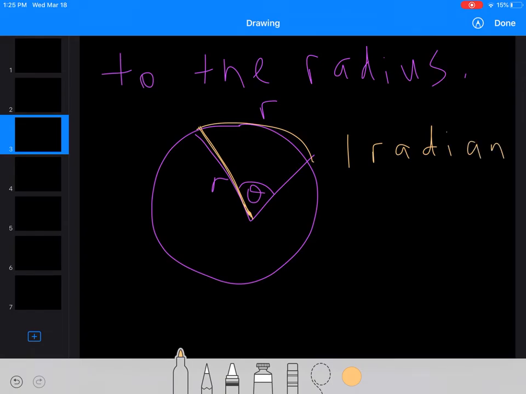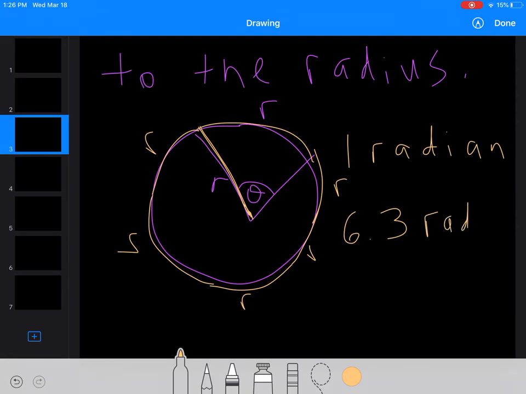And if you stretch the length r around the circle, it'll go around approximately a little over 6 times. Of course, this is not drawn to scale. But there's 6.2 radians that will go around the circle. So I got 1, 2, 3, 4, 5, 6.